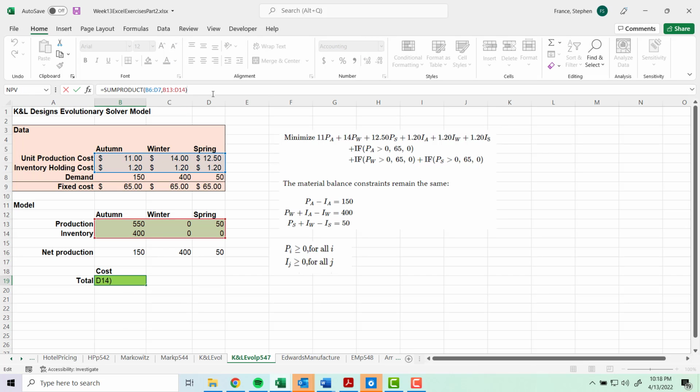So let's just add that in. Plus, if we produce in this period and production is greater than 0, then we incur this fixed cost. Otherwise, we incur 0. Plus, we can do the same for C, and we can do the same for D, the spring.